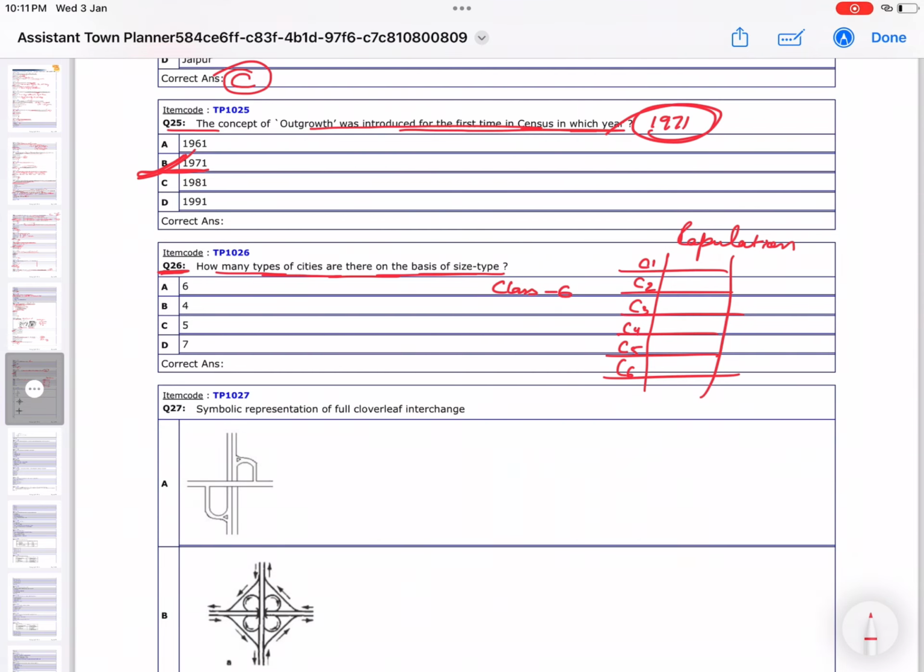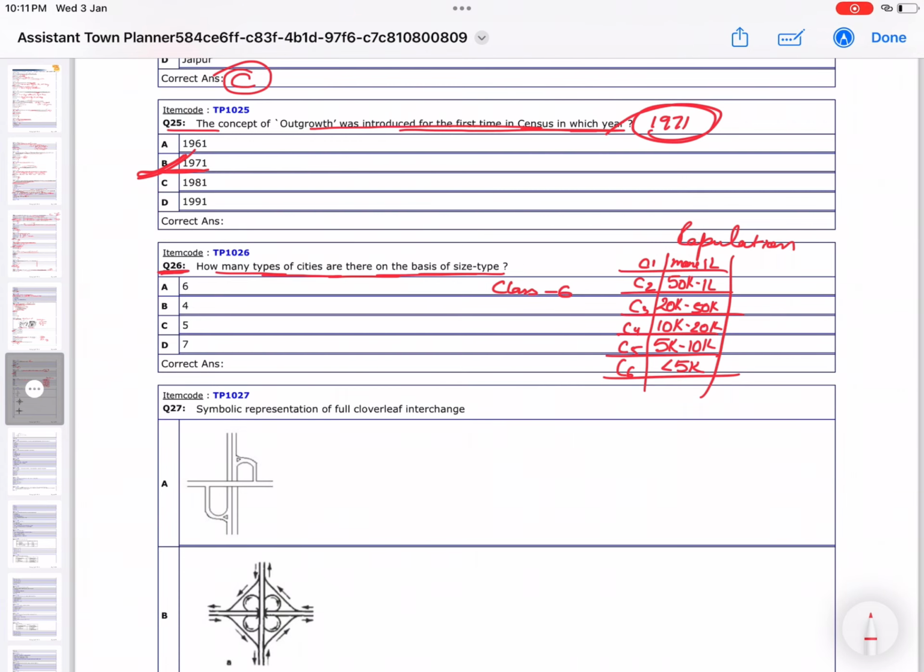Class 6 is the smallest city, with a population of 5,000 or less. Class 5 has 5k to 10k, class 4 has 10k to 20k, class 3 has 20k to 50k, class 2 has 50k to 1 lakh, and class 1 has more than 1 lakh.